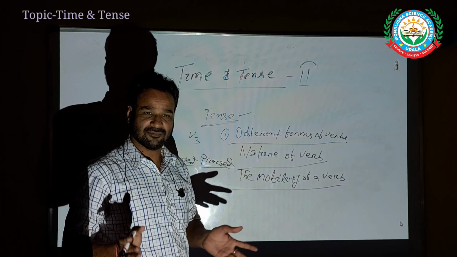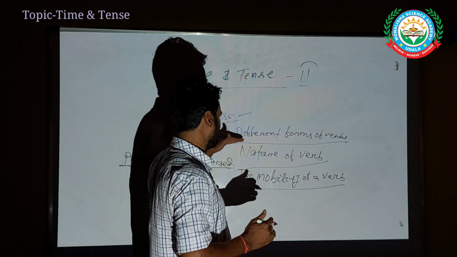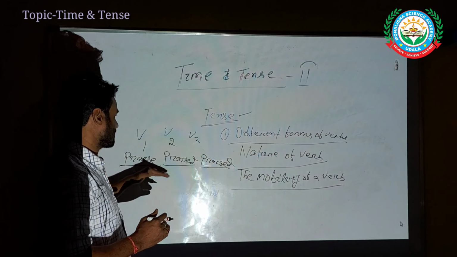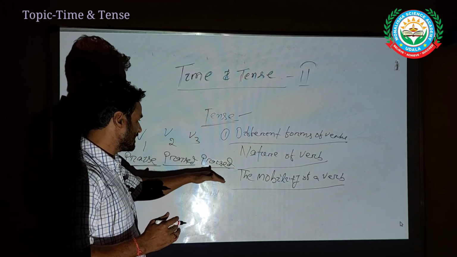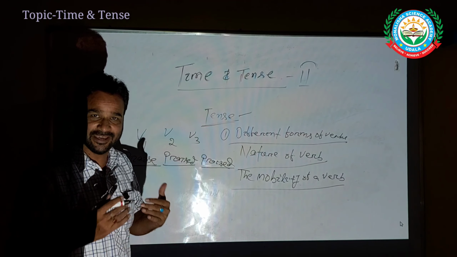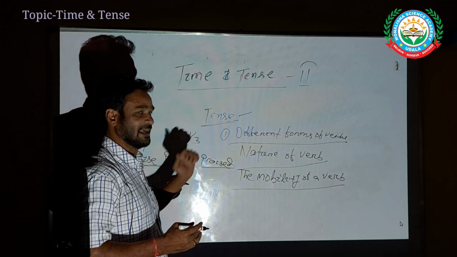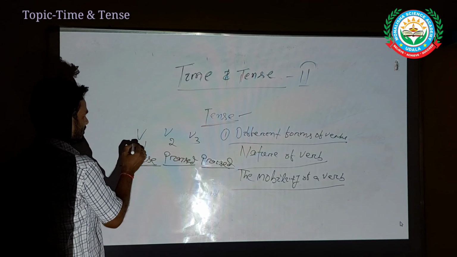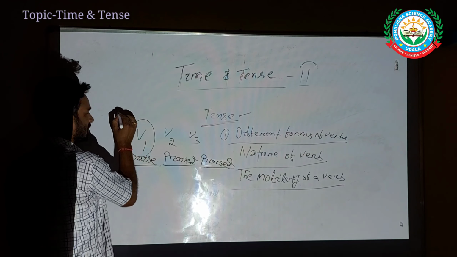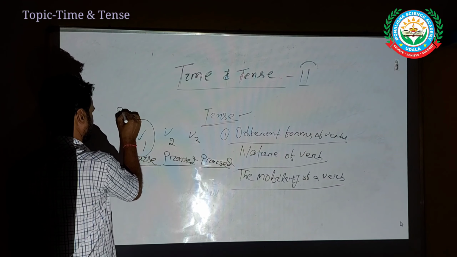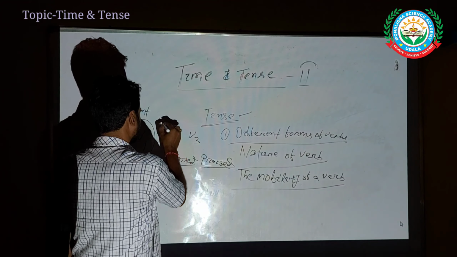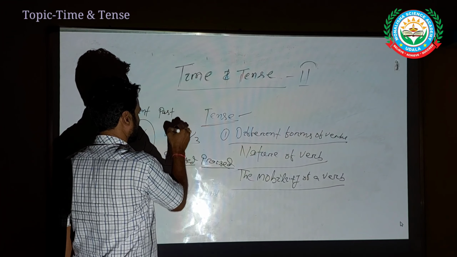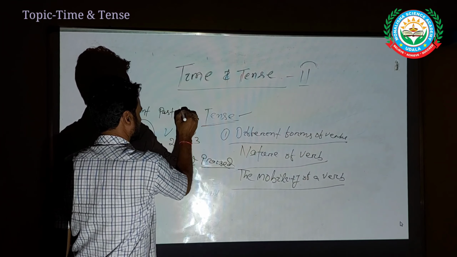So in simple terms, we can say the different forms of verb is called tense. Different forms of verb. First form, second form, third form. These are the different forms of verb. So here we call them what? Tense. So here also, this V1 is also known as present. The V2 is known as past, and V3 is known as past participle.